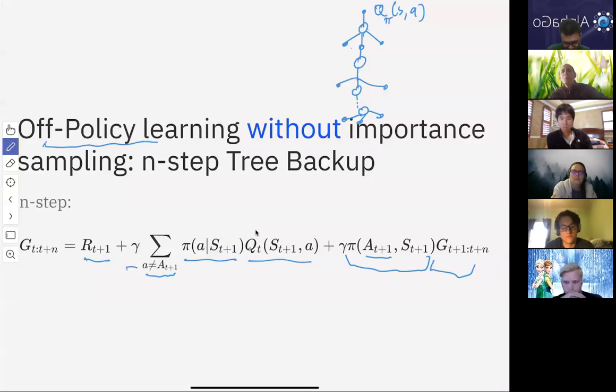Then you can go back and compute your whole tree of all the states that you've gone to, and update the first state action pair, the Q value. Then you can take one more action and update the next one, which is looking back. Does that answer your question, Sean? Thank you.